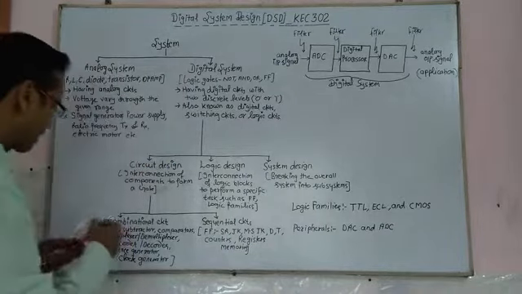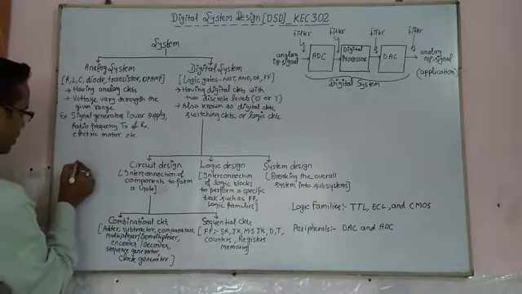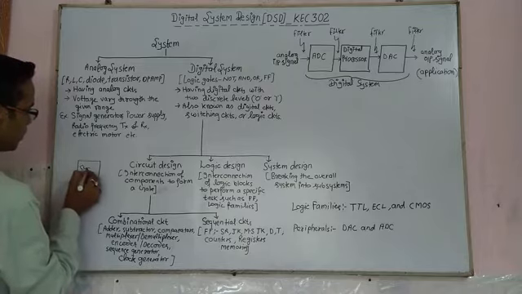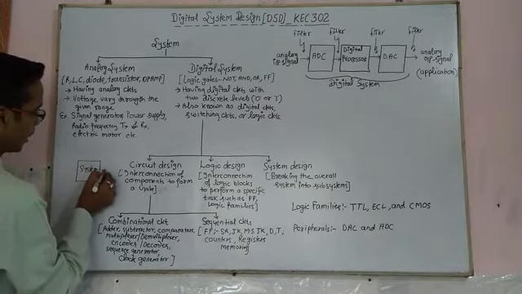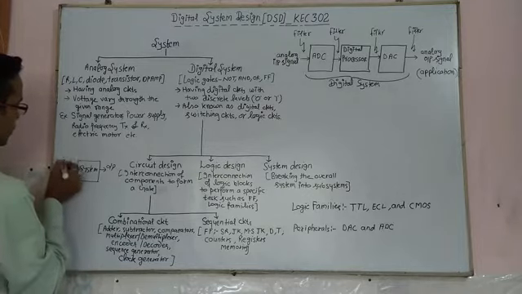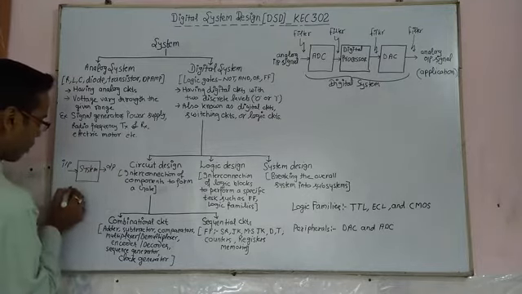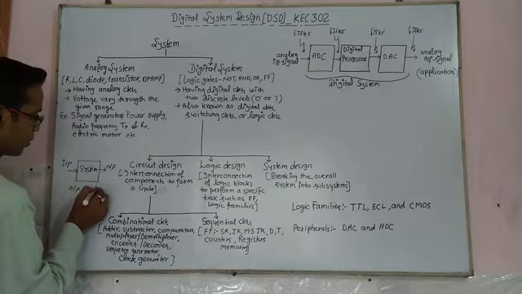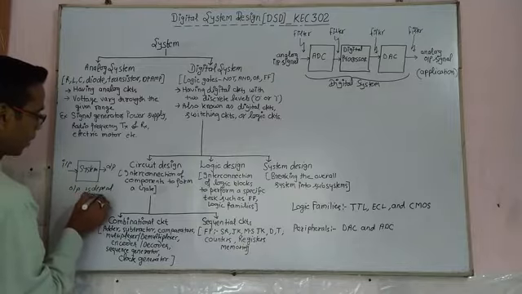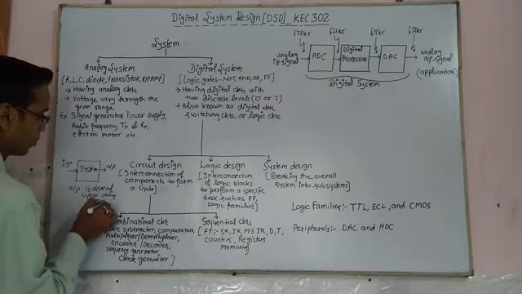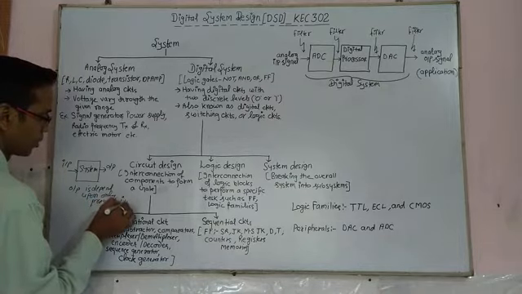In a combinational circuit, the output of the system depends only upon the present input.